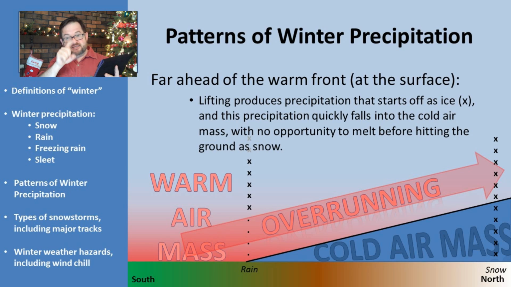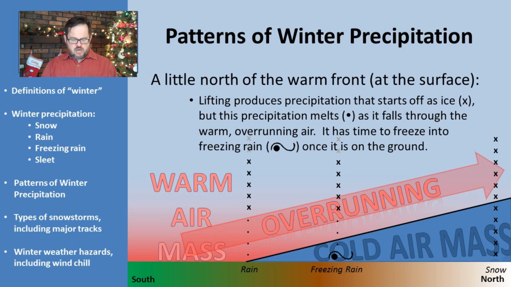And as those ice crystals are falling and falling and falling, long before they get to the ground, they're falling into the cold air mass. From there on down, they're in a cold air mass that just came from the Arctic or Canada or something like that. They're never going to encounter temperatures anywhere near melting again, all the way to the ground. And so farther to the north, a couple hundred kilometers north of the warm front, whatever precipitation is falling is going to fall in the form of snow.